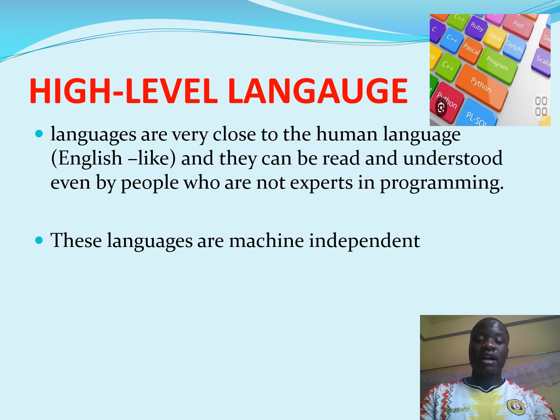These languages are machine independent. As I told you, a language that is installed in computer A can also be used in computers B, C, and others. So the languages are English wise, our own language that can be understood by someone, and they are also machine independent.